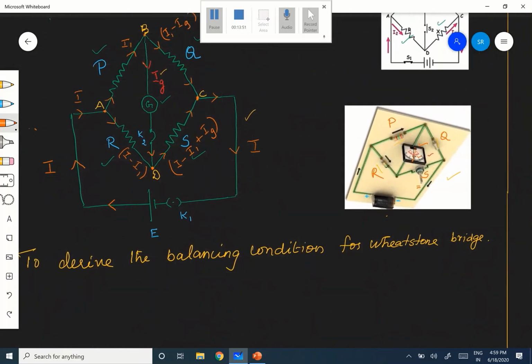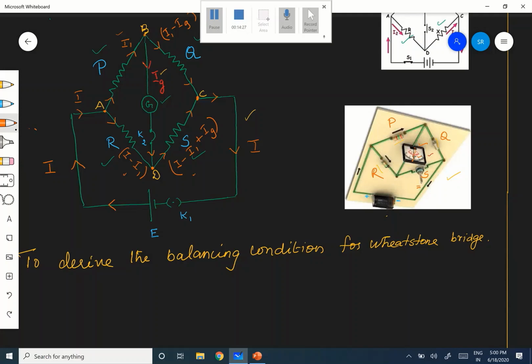For finding the current in different branches, we have used only the junction rule. By using the junction rule, we have given the current in different branches. Now we are going to derive the balancing condition for the Wheatstone bridge.